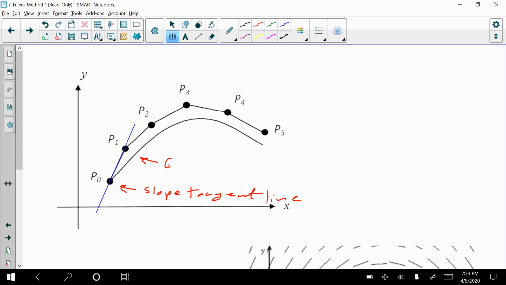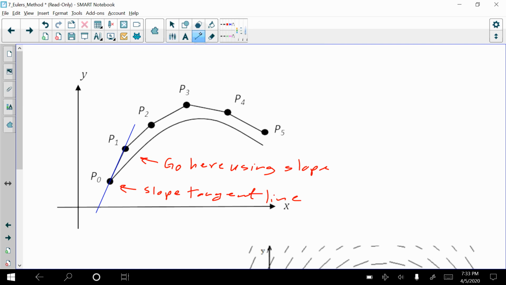So I go here, using the slope, and then we would repeat the process. We would get another slope of a tangent line, like so, and we would use that one to go to the next point and the next point and so on.